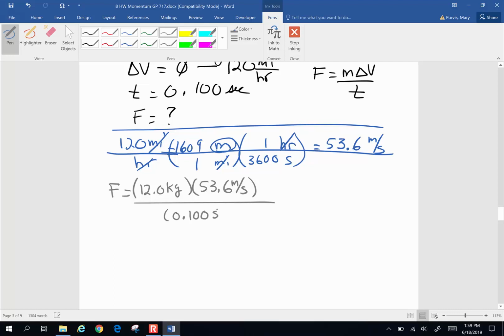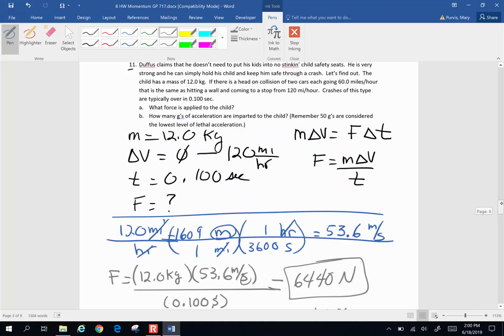Taking it out to 3 sig figs, 12 times 53.6 divided by 0.1 gives 6440 newtons. Newtons because kilogram meter per second squared is a newton. Now that's the force on the child.